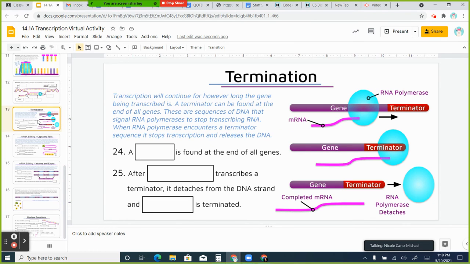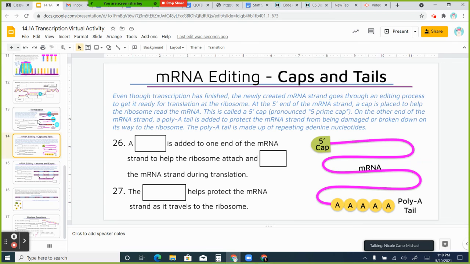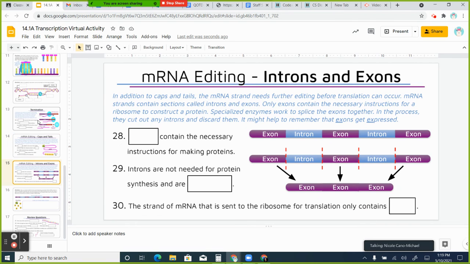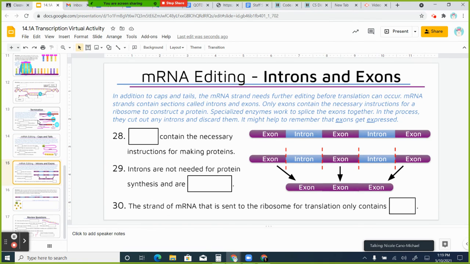Slides 13, 14, and 15 are all like before. You're going to read information and then you are going to answer questions. Now, pay close attention to slides 14 and 15, because they are all about DNA editing.